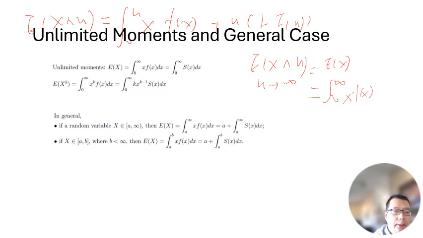This is the general case. So the first part is the special case when mu is infinity. The second part is the general case for the lower bound: if the lower bound is not 0 but a, then the expectation will just be raised by a.